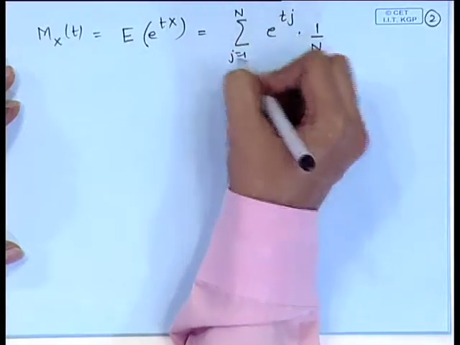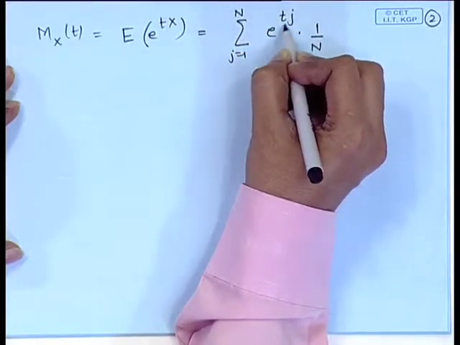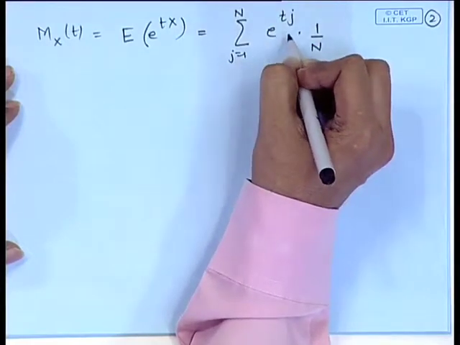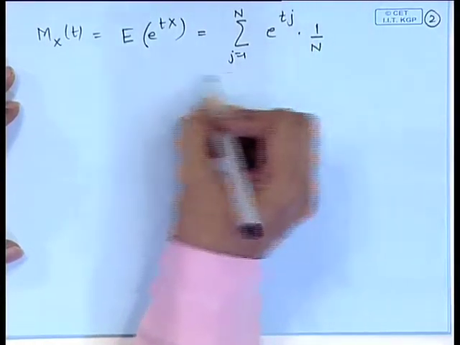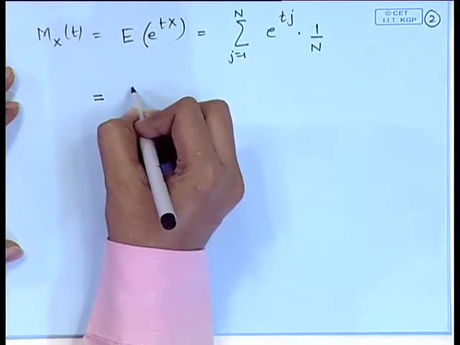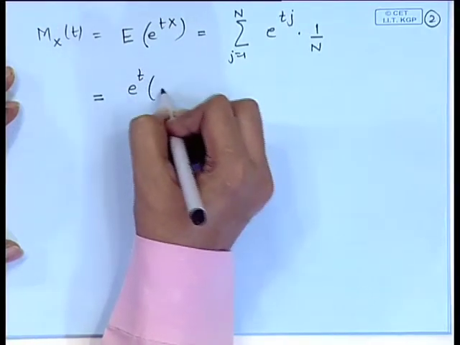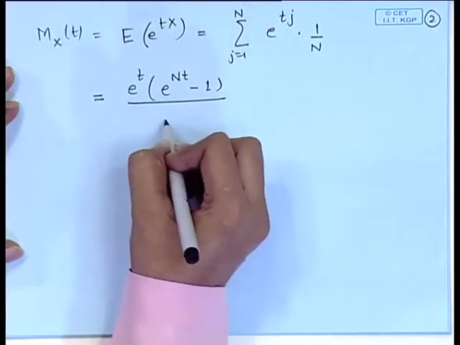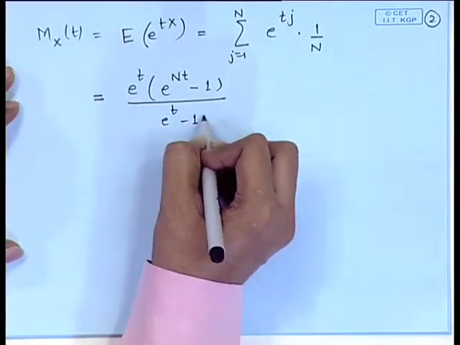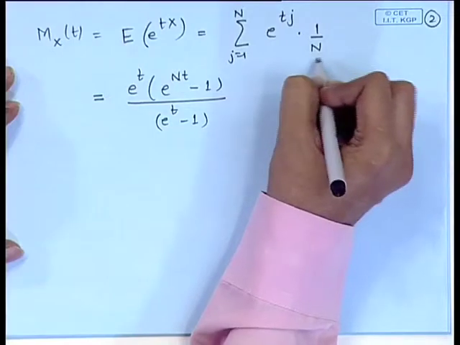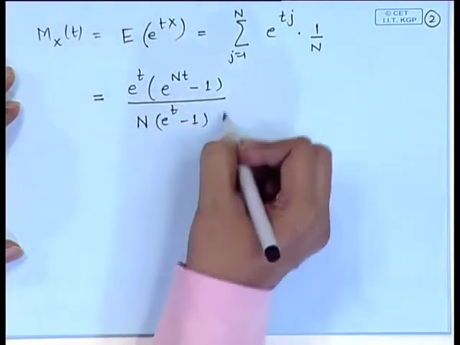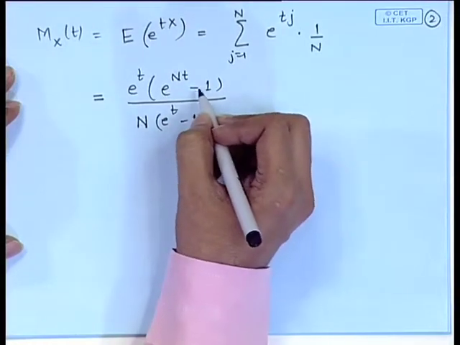Now, if we look at this, this is e to the power t plus e to the power 2 t plus up to e to the power n t, which is a finite geometric series. So, this sum you can evaluate and it turns out to be e to the power t, e to the power n t minus 1 divided by e to the power t minus 1, and we have this n in the denominator. Now, this expression is valid for all t.